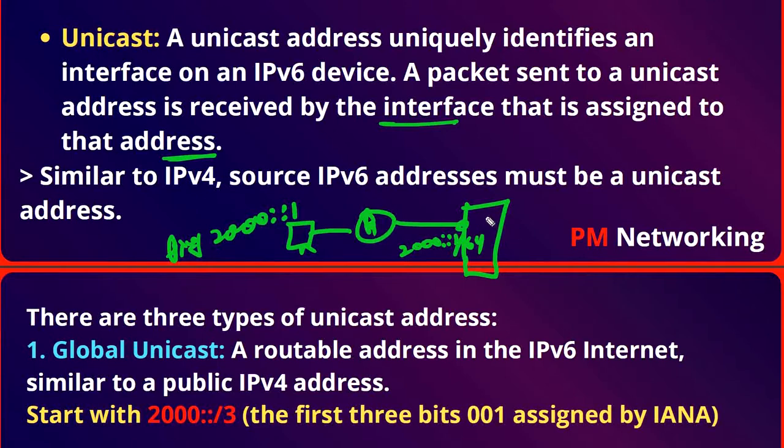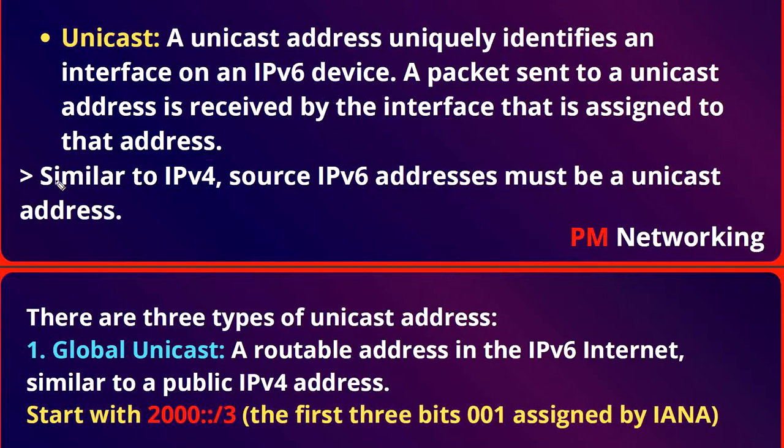So only this server will receive this packet, because only here I am running this IP address. So this is similar to a unicast address in IPv4. And in the last line you can see, similar to IPv4, source IPv6 addresses must be a unicast address, right? So source can't be multicast or anycast.